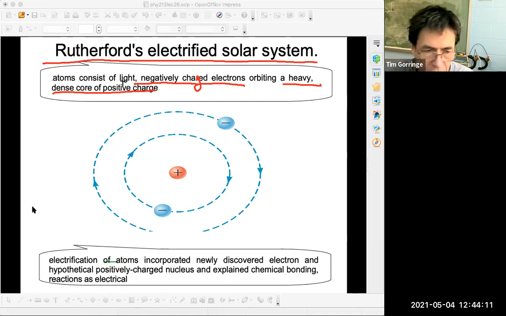So this was a second electrified model of an atom, incorporating the newly discovered electrons with a hypothetical dense core of positive charge. And it too explained the chemical bonding and chemical reactions between atoms and molecules through their electrical interactions.